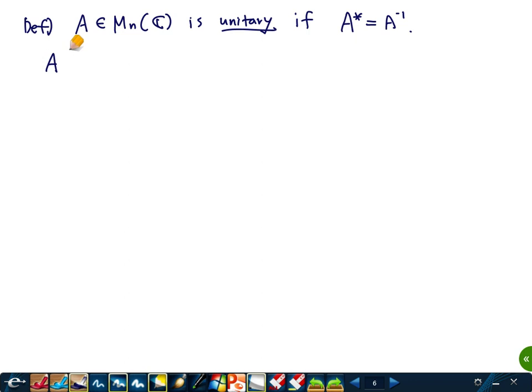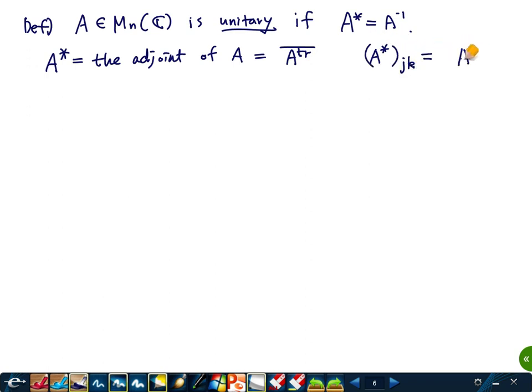Here, A star means the adjoint of A. Basically it's the conjugate of the transpose, which means the jk entry is a_kj conjugate, because with complex numbers we have conjugates. So adjoint is conjugate of transpose.